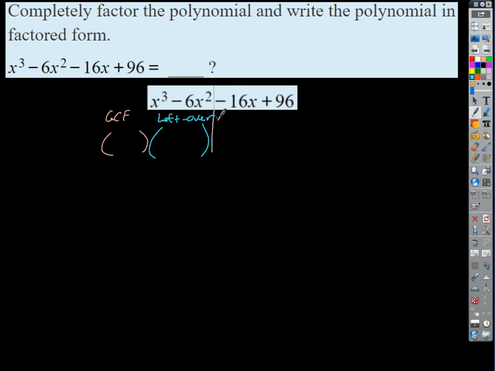The leftover factor, or what we're left with after we factor out the greatest common factor. In the second group, and the second group is just added to the first group. I've got the first group, 2 terms, plus the second 2 terms.